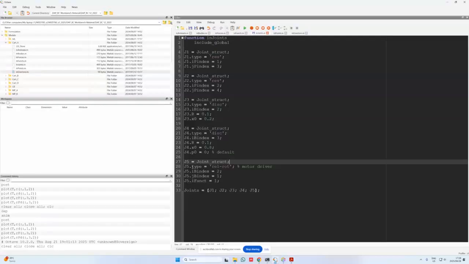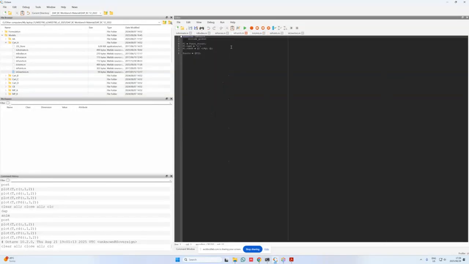So in our case, we've defined it as a type REL-ROT to indicate that we're working with a rotational motor. IB index in this case is 2, JB index is equal to 1, and J5.ifunct is then going to be the first function index that we're going to look at.